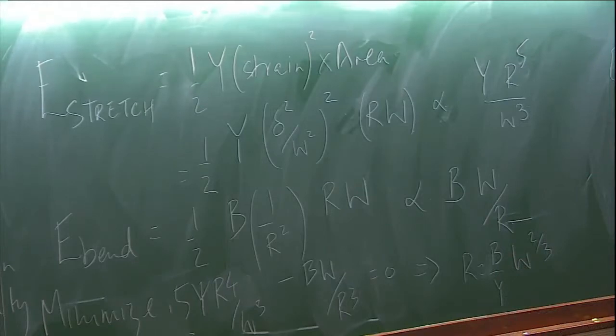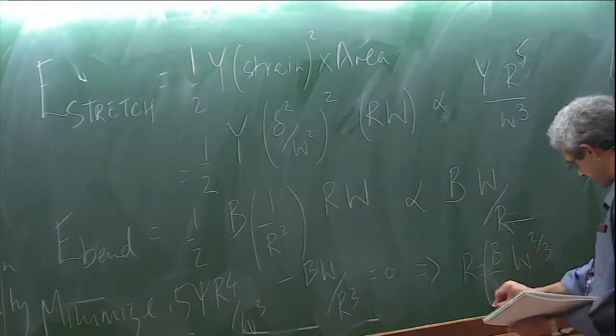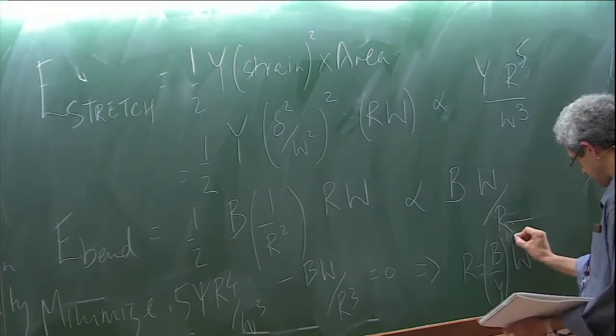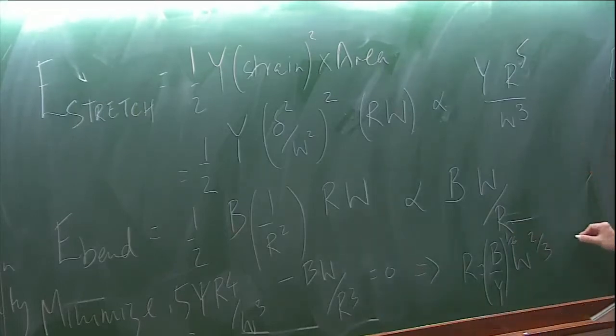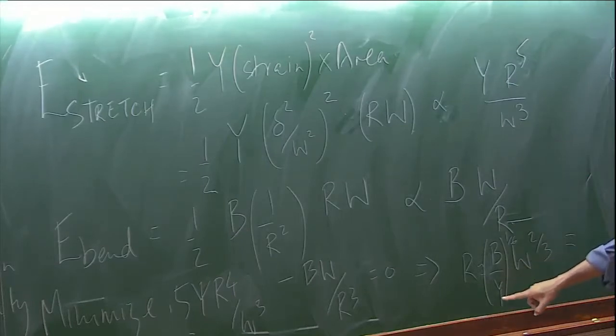It's B over Y to the 1/6. Let me just check dimensions. B over Y has dimensions of t squared, thickness squared, right? This is Et cubed, this is Et, t squared. Yes. So this is t to the 1/3, width to the 2/3. Okay? Is the radius of curvature.